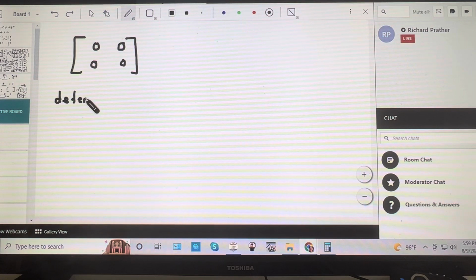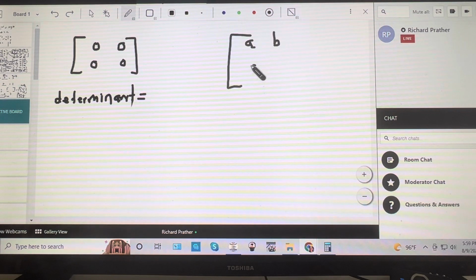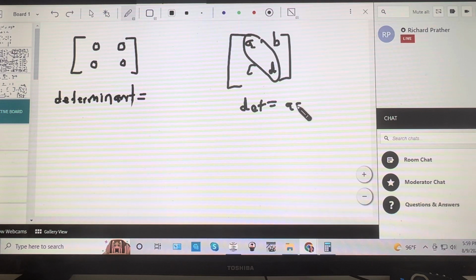The determinant determines whether you can get an inverse or not. That's why they call it determinant. In a generic matrix A, B, C, D, the determinant, which they abbreviate DET a lot, is A times D minus B times C.